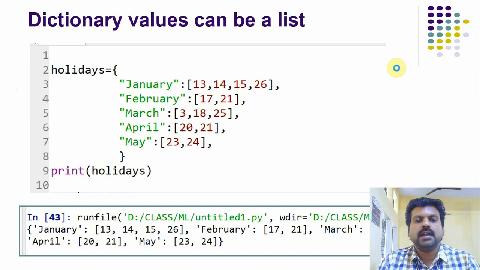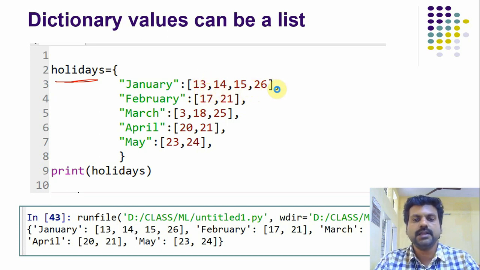And next, dictionary values can be a list also. For example, you want to store holidays in every month. We can create a dictionary like this, holidays. For January, we can create a list of holidays. For example, in January, some days we can represent as holidays. So we can take those days, for example, 13, 14, 15, 26.